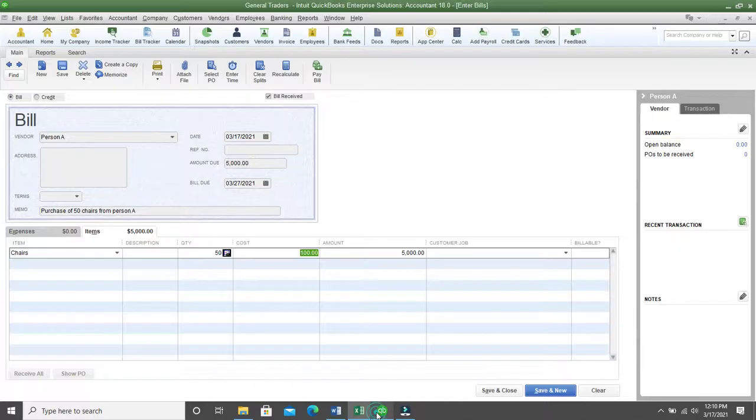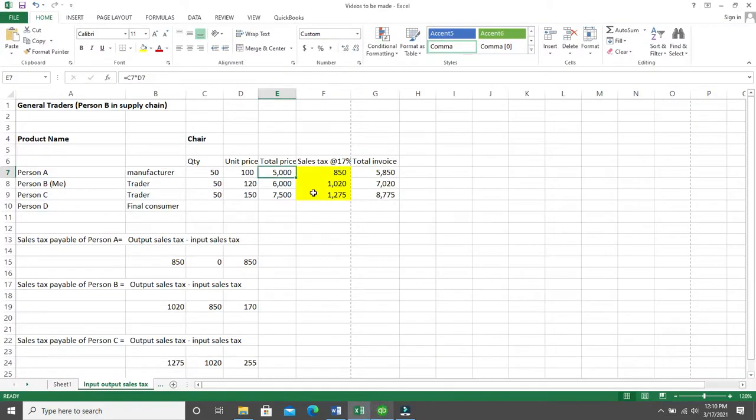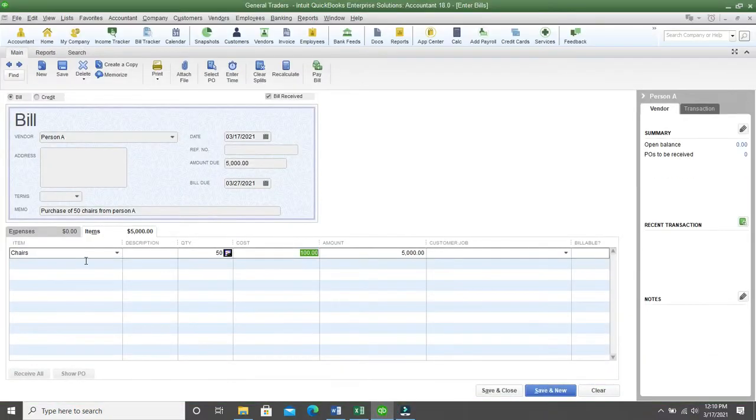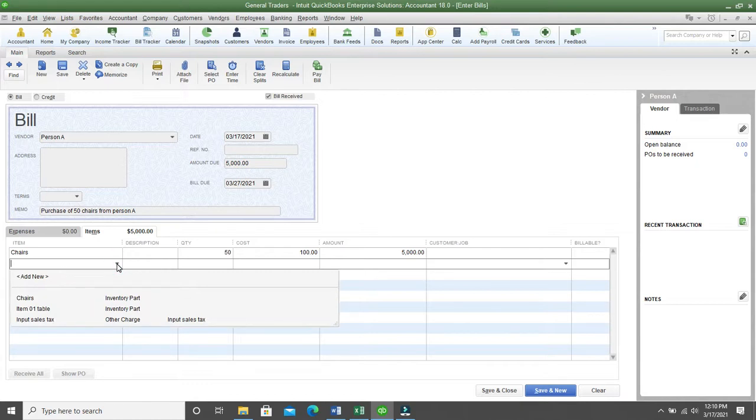Now I shall record the input sales tax. Now input sales tax is 850. We have created an item called sales tax output, but this sales tax output cannot be used here. So you have to select the input sales tax as other charge.